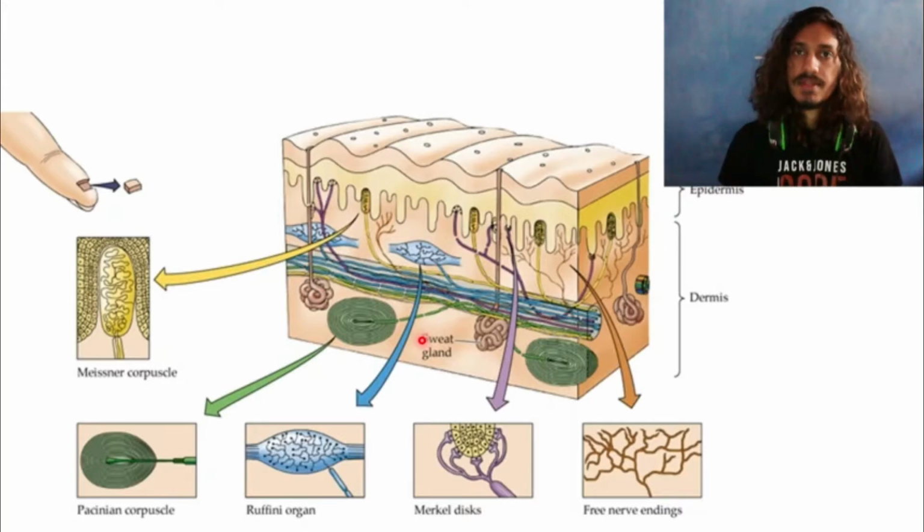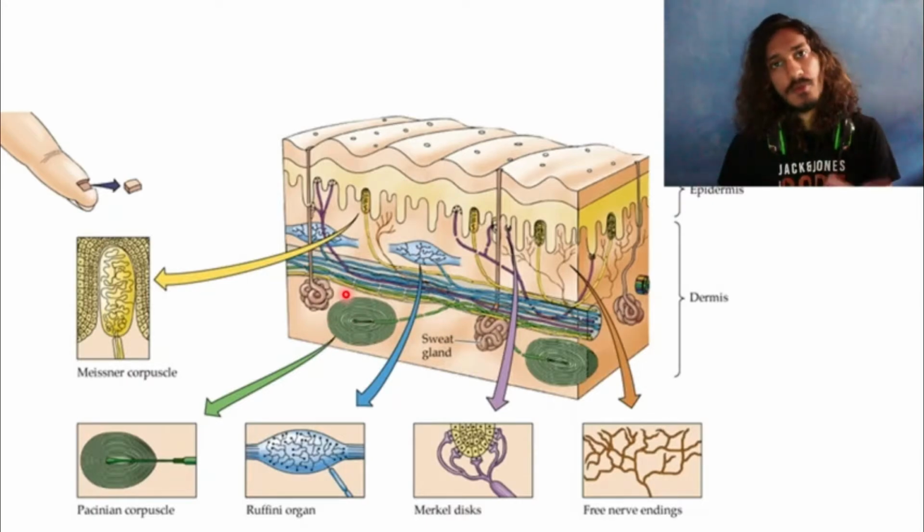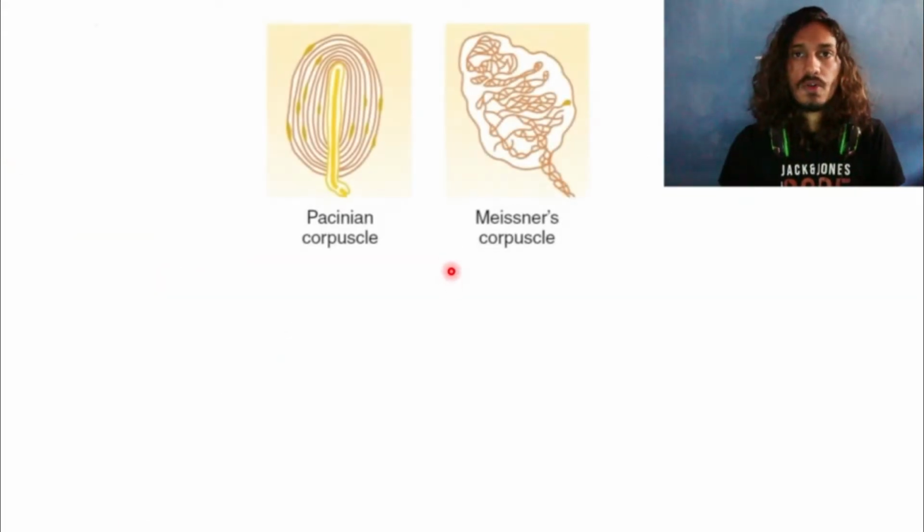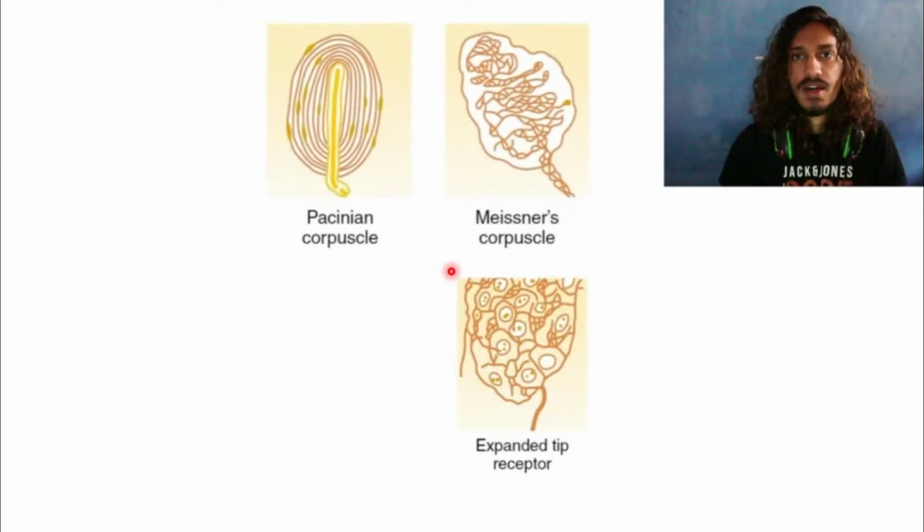In the dermis, you can appreciate the presence of Ruffini's organ and your Pacinian corpuscle. The Pacinian corpuscle is much deeper, and you can see Ruffini's endings over here. Once you know the location of these structures, we'll go on to understand their functions and exactly where they act.